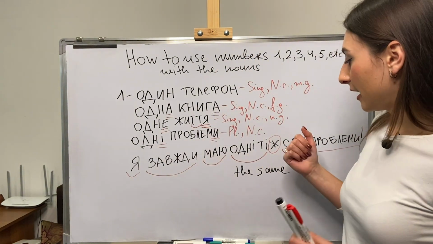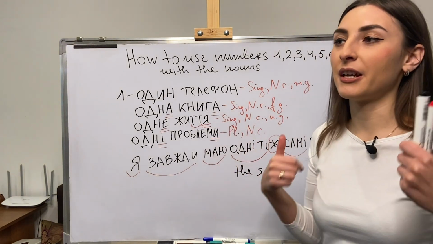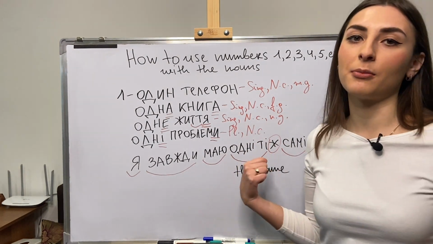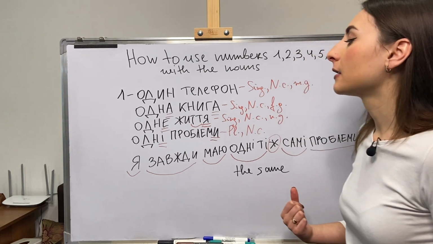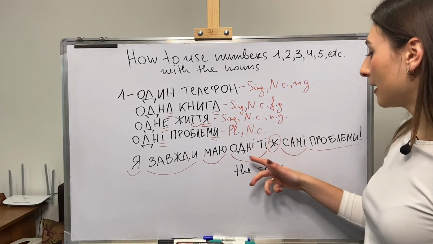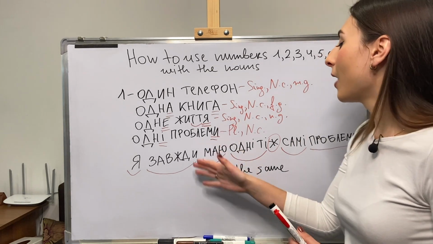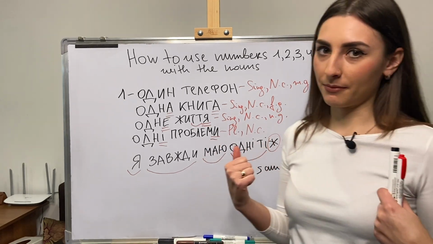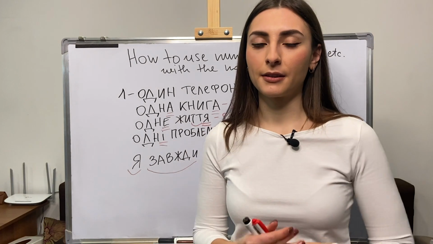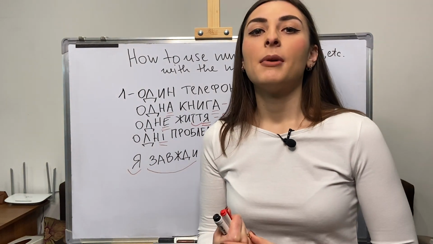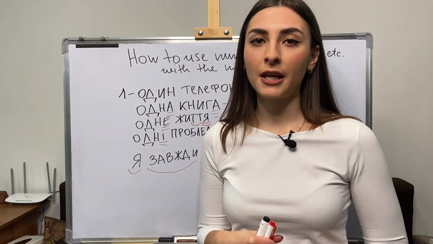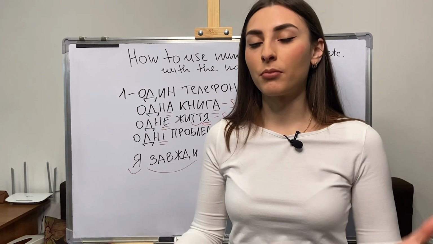So actually, we can omit it, we can use it, but I wanted to show you and tell you about this particle because you ask me sometimes. Одні ті ж самі means one type of the same, самі means same. One type of the same problems. This is how we make this construction in Ukrainian. But in English we can translate it like I always have the same problems.